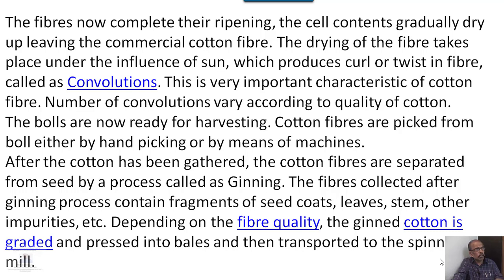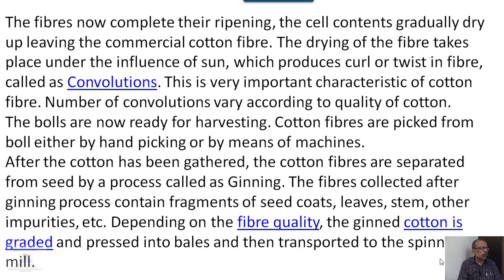With the help of these ginning machines, the seeds are separated from the fibers, or in other words, the fibers are separated from the seeds, and then, depending upon, as I have stated, the quality of the fibers and quality of ginning, the cotton fiber is required to be graded into a certain class.